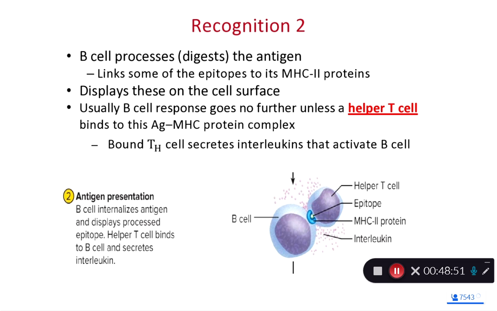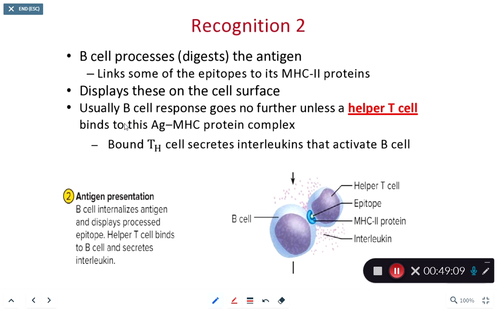And it's going to say, hey, look what I found. I think you're interested in this. And the helper T cell will generally go, whoa, this is a big deal, and then run around and activate other cells in our immune system to coordinate the immune response.